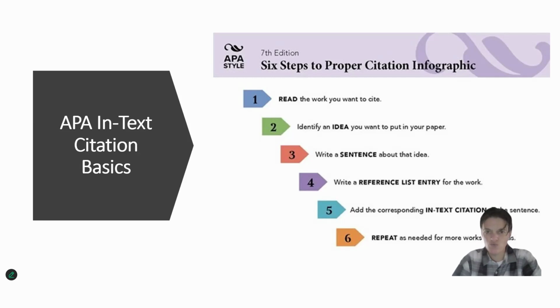That way when you go to write your paper, you have a couple of sentences that identify an idea, the reference list entry, and the in-text citation, and then you just need to plug it into your paper. And you can repeat that as many times as you need to. But this is a really great practice to get into. Like one day from now, maybe years from now, when you're writing your master's thesis or your doctoral PhD dissertation, you want to make sure that you're organized, right?